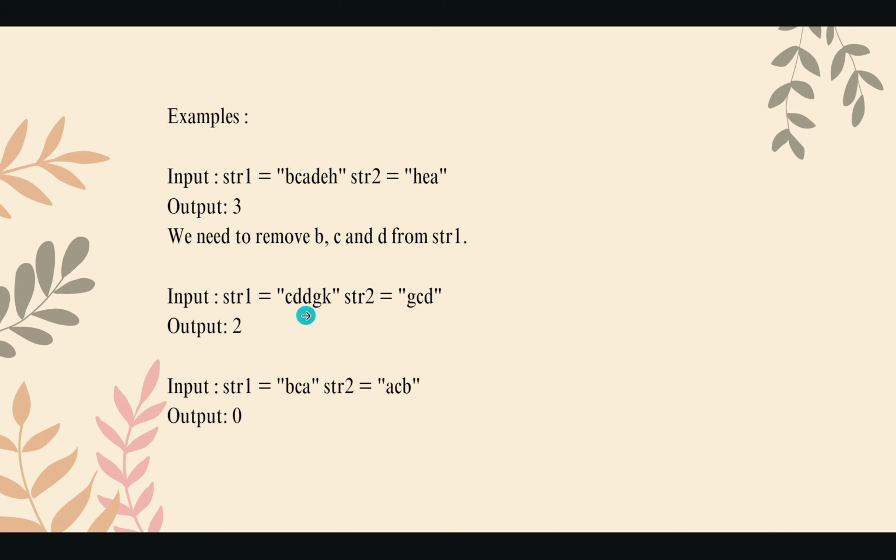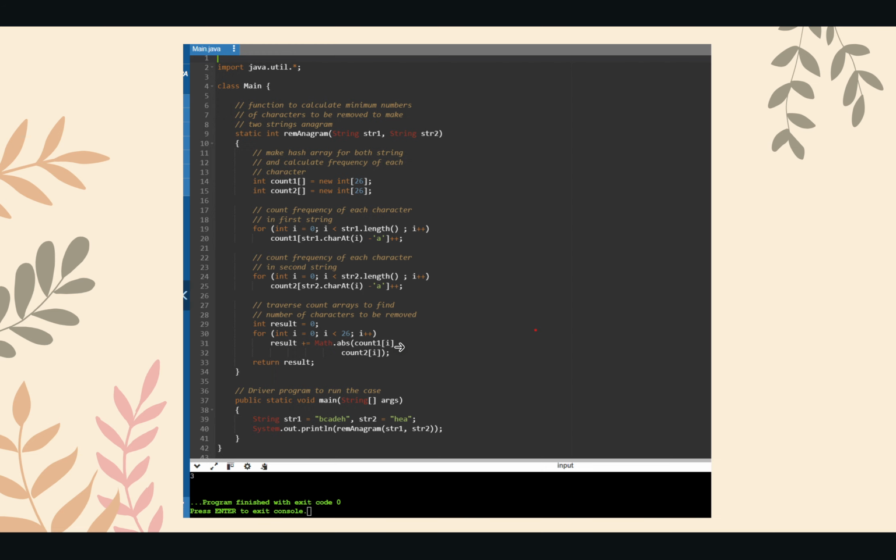D is a duplicate element, but you require only one D, so you should remove another D. D and G are removed. The minimum characters removed are 2. If both are equal, you should return 0, as there are no characters to remove. That is the first question.